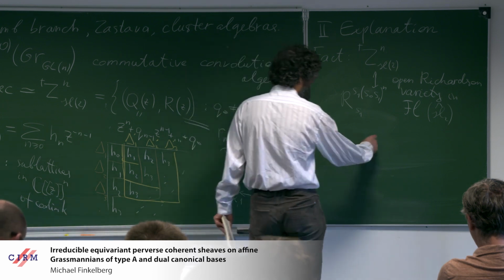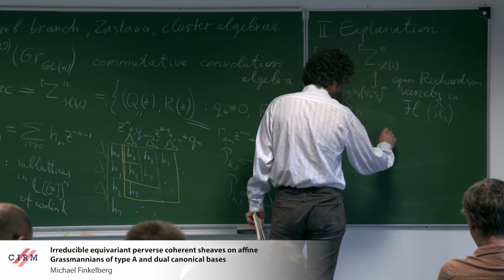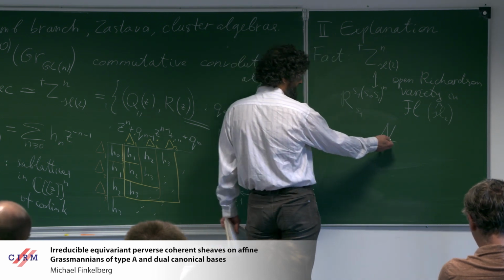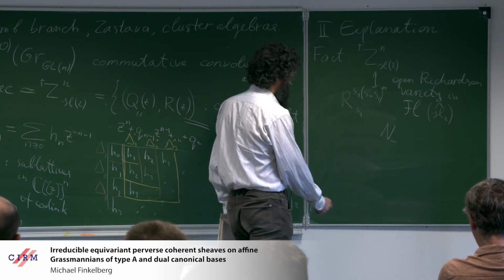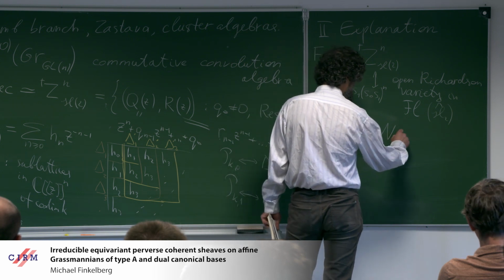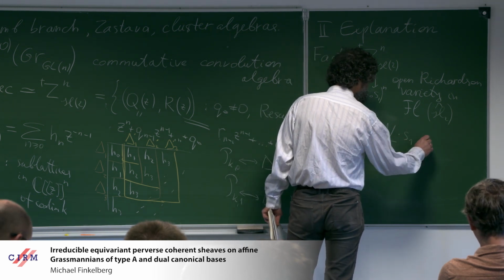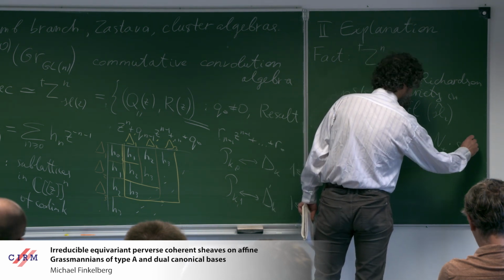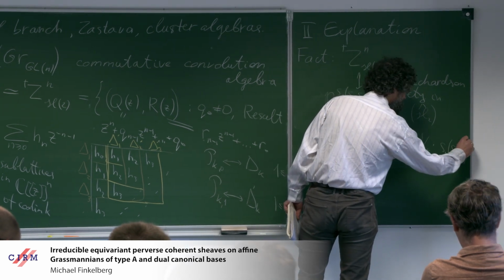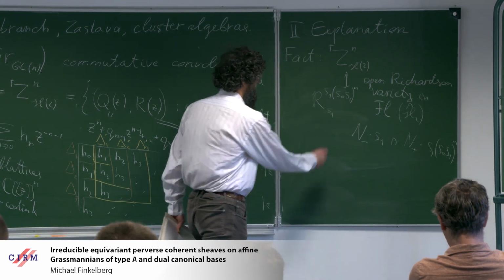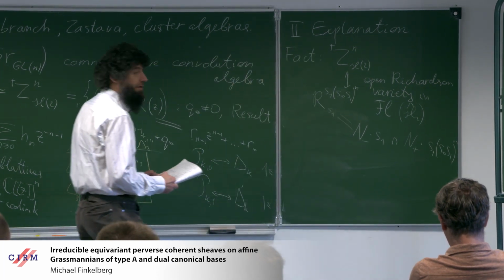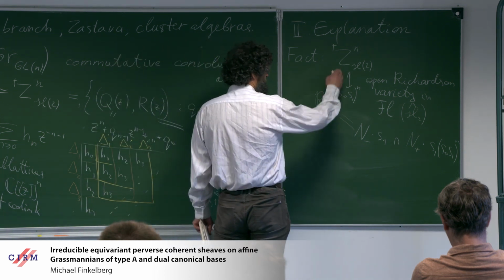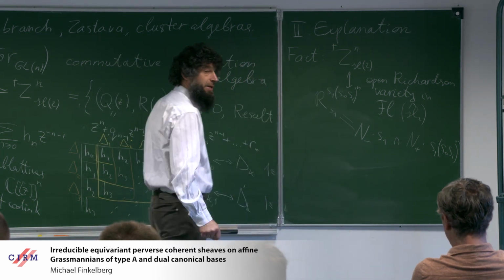So now I take the orbit with respect to N minus, the radical of the opposite Iwahori, of S1 and intersect it with the orbit of N plus of S1, S0, S1 to the power n. And this is my open Richardson variety. And there is some natural isomorphism with this Zastava space.